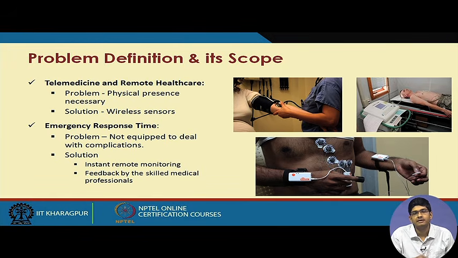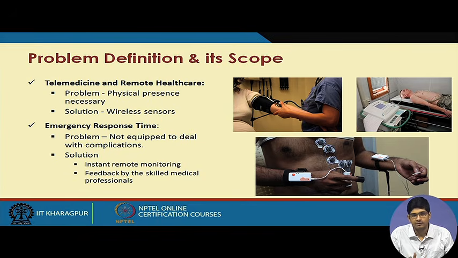Another problem that exists in traditional healthcare, and is especially pronounced in the case of ambulatory healthcare, is that of emergency response time. Oftentimes, the medical personnel or technicians who accompany the patients in the ambulance are not well equipped to deal with any complications that may arise, because they do not have the technical expertise to deal with such complications.